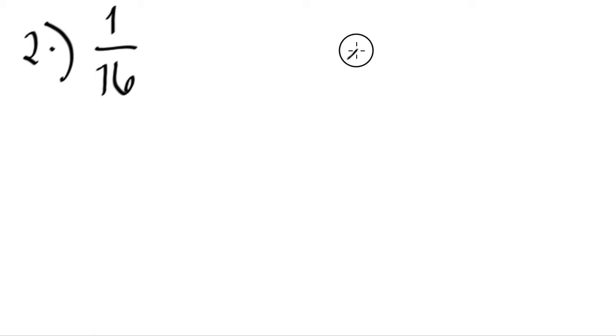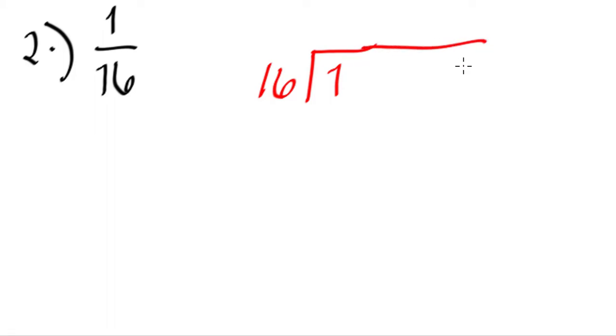Let's have say 1 over 16. Again, numerator, denominator, dividend, divisor. So we have 1 divided by 16. 1 divided by 16 cannot be done, so let's extend and put the 0 here.